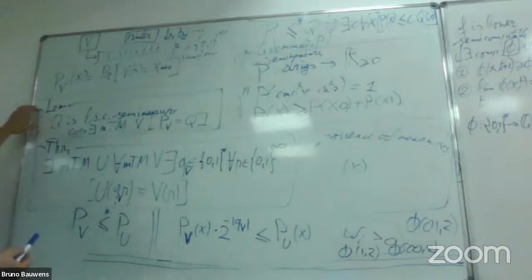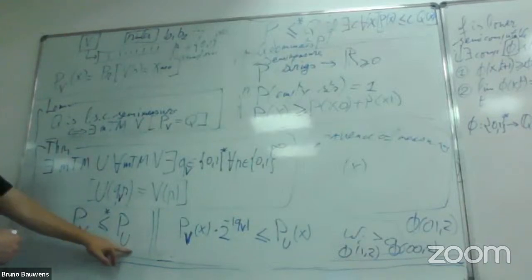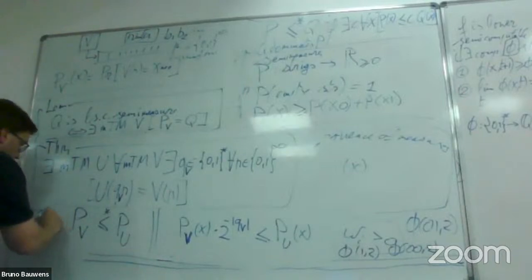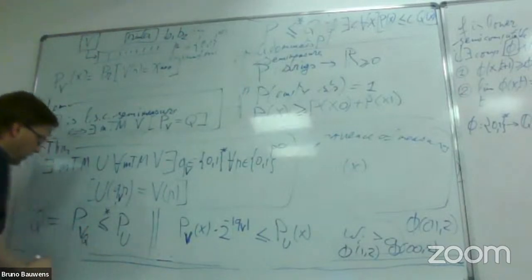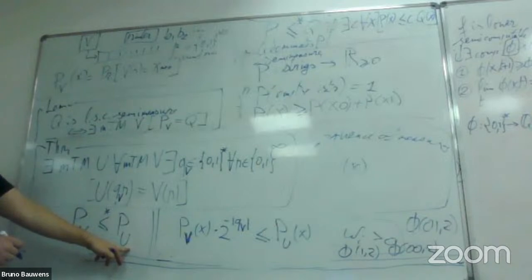And now from our lemma, we know that for every lower semi-computable measure, we have such a V that produces it. So for every Q, we have a measure VQ that is dominated by U. So we can say that Q is equal to VQ from our construction in the lemma, and this is bounded by PU.